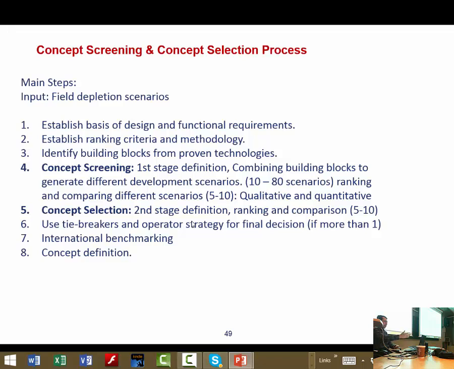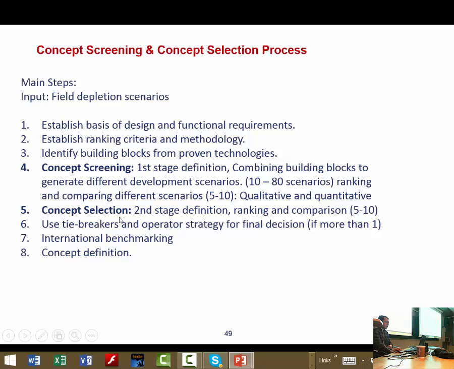But in concept screening, you just know that, okay, I have this 40,000 barrel per day production, and for this, from some basic tables you know that the size of the separators and the size of the heat exchangers will be this amount, which is some one-to-one relation between the capacity and flow rate.